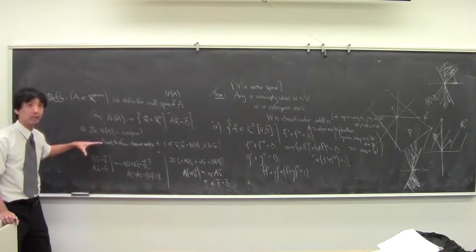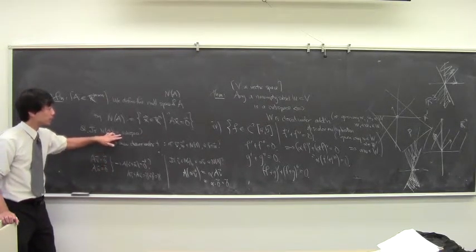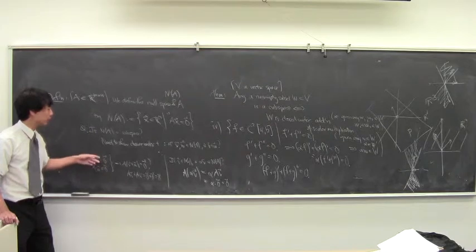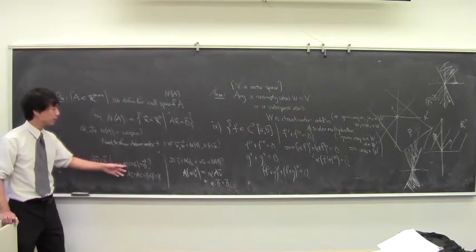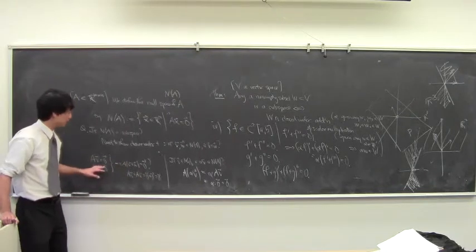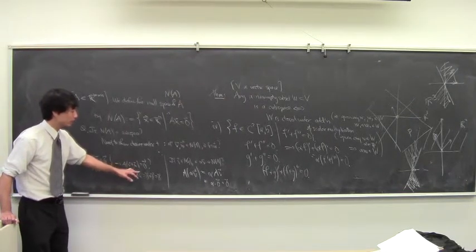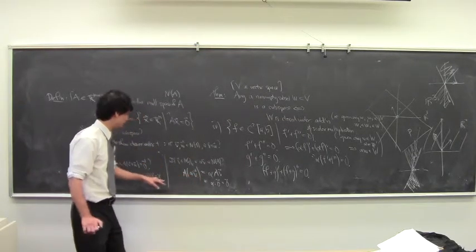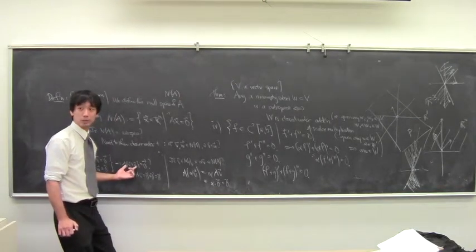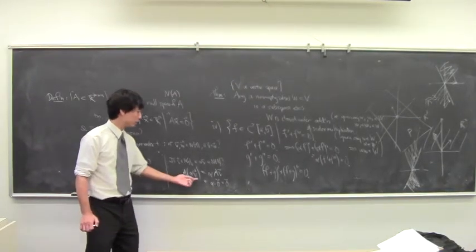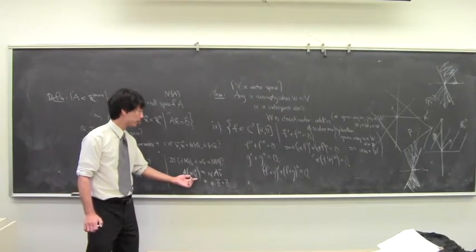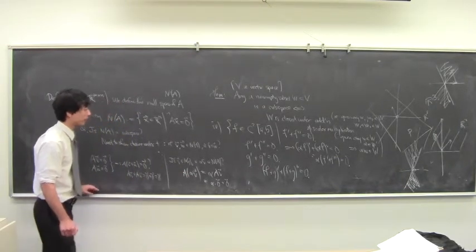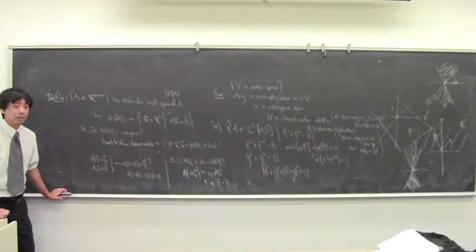Just think, what are they asking? Is this thing a subspace? What does that mean? It means that we need to show closure under addition, that is, if two guys are in the subspace, is their sum in the subspace? Yes, it is. If two guys get killed by the matrix, will their sum get killed by the matrix? Yes. If one guy gets killed by the matrix, will its scaling get killed by the matrix? Yes, because of distribution and because of commutativity of scalar multiplication.